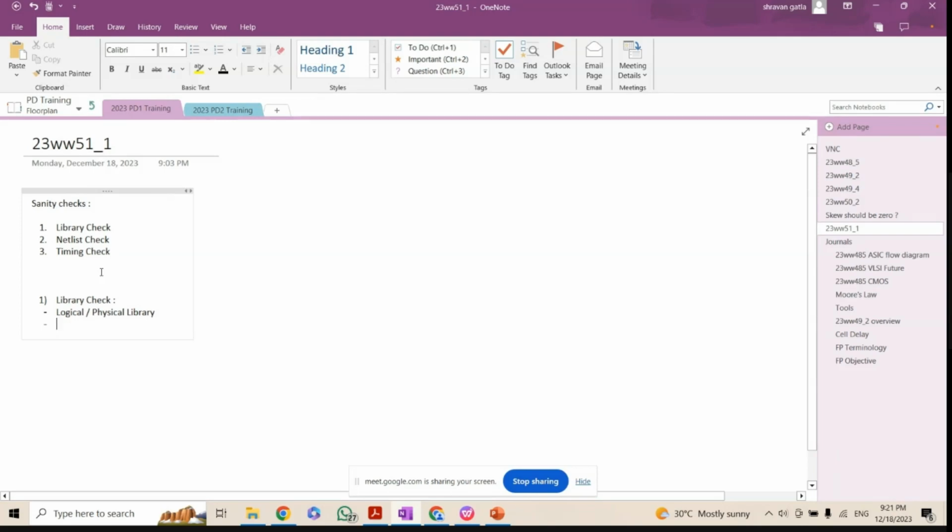So I hope you understand these sanity checks today. Yes, sir. Good. If you have any doubts, we'll discuss. If not, let's see whether we covered everything. I think this is the netlist check. I'll give you this document.